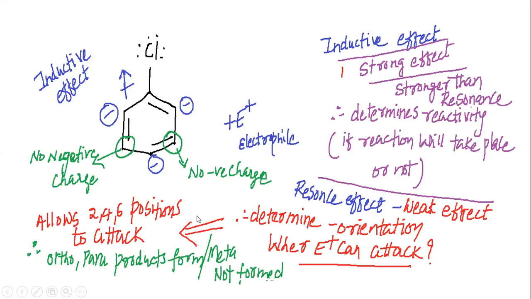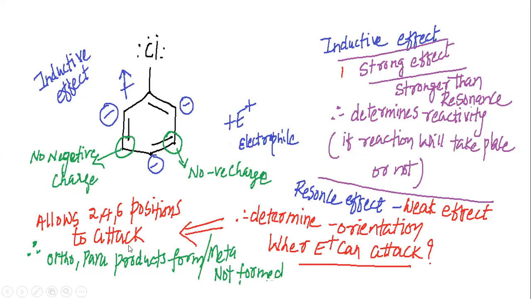That is why when this E plus or this NO2 plus attacks the benzene ring, it can attack only on the 2 position, 4 position and 6 position. It cannot attack on the 3 position or 5 position, because there is no negative charge present on the 3 position and 5 position.